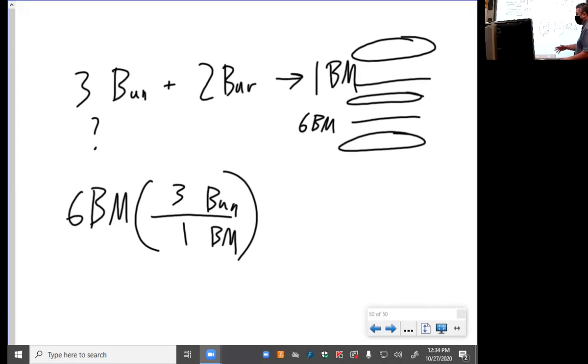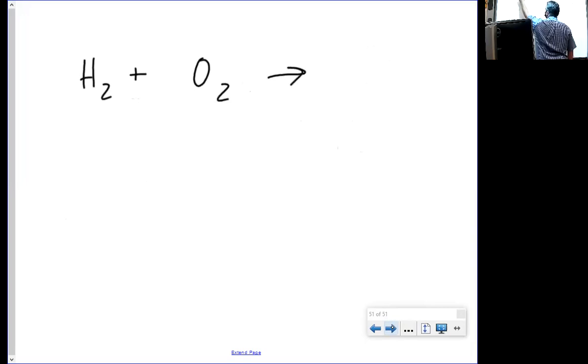Okay? So how do we do this for a chemical formula? Let's go back to our chemical formula we used at the beginning of this unit. Hydrogen plus oxygen gives you water. Now to start off, this does nothing for me. Why? Because it's not balanced. So before you can answer any questions, that's why the top instructions on today's practice say balance them.